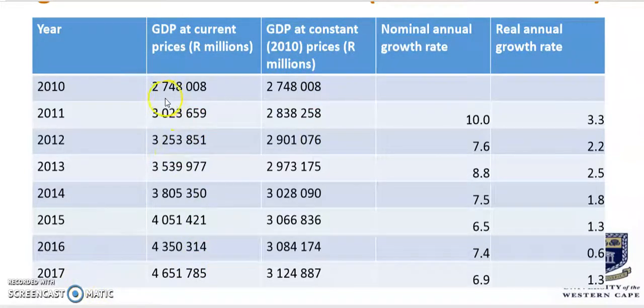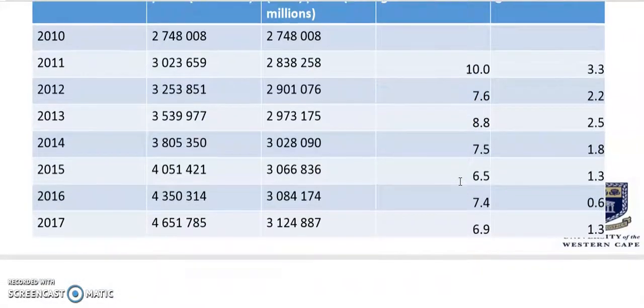As you can see, over the years, the GDP at current prices has been greater than the GDP at constant prices, with the exception of 2010. And then this is the nominal annual growth rate, and then the real annual growth rate. Even here, the nominal annual growth rate has been greater than the real annual growth rate over the years.